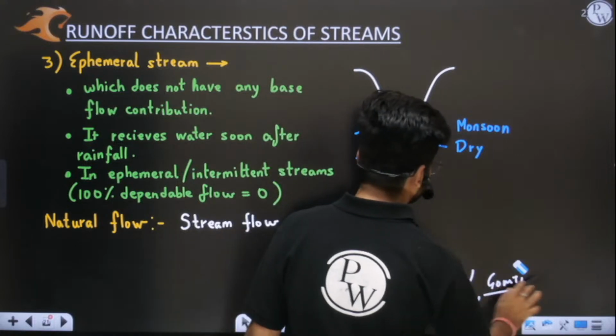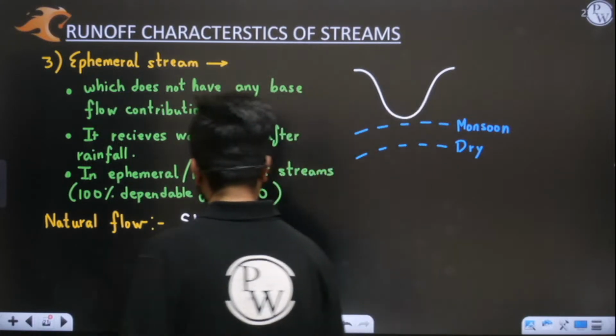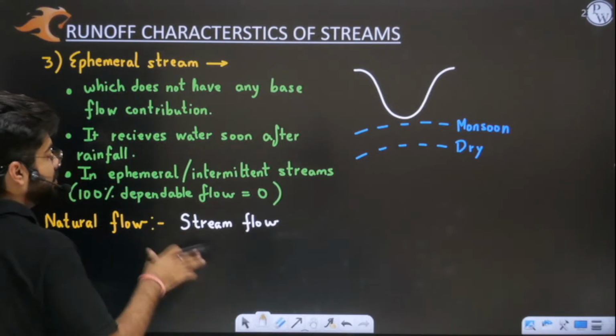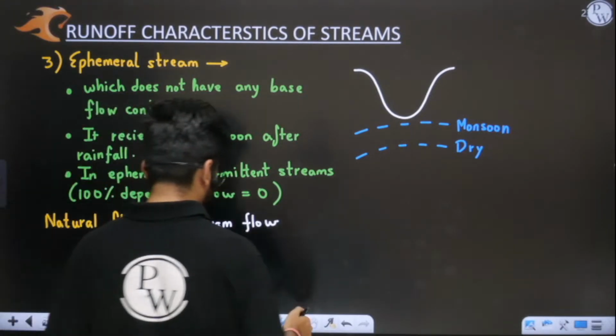But in old times, when stream flow was not affected by man-made works, it was natural flow. So what is natural flow?